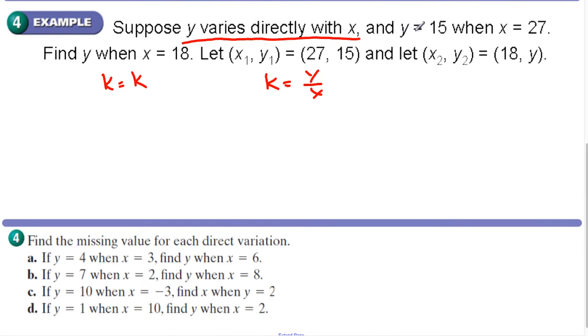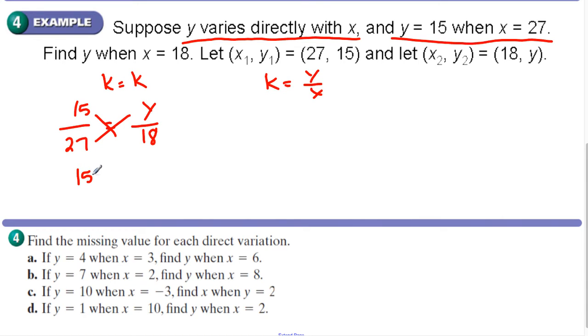They have it written down here nicely, but they don't always have it written like that, so I want to focus on this part. So y is 15 and x is 27, because we do y divided by x equals, find y when x is 18. Now we cross multiply.